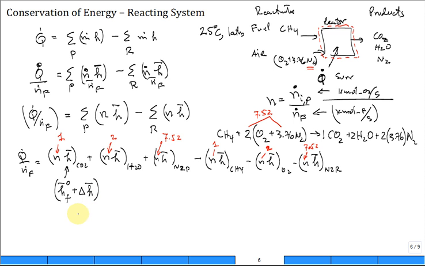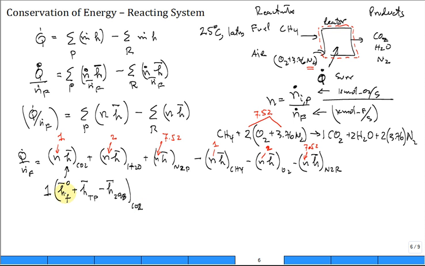So the CO2 could come out really hot compared to 298 Kelvin or 25 degrees C. So this is H bar of the CO2 at the exit temperature of the products, minus H bar of 298, which is our reference. All this is for CO2.